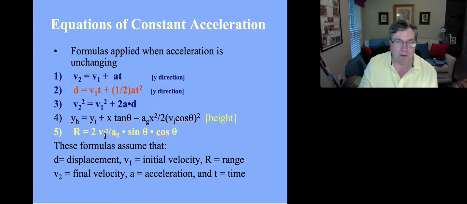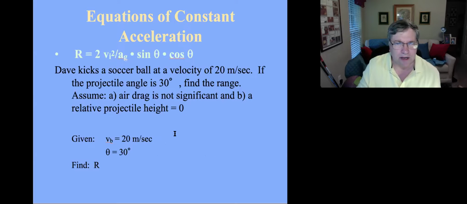We can calculate the range. That's the distance that a ball or an object moves based on its initial velocity and its projectile angle. The main assumption here is that the projectile height has to be equal to 0. There is a correction factor if the projection height is not 0.